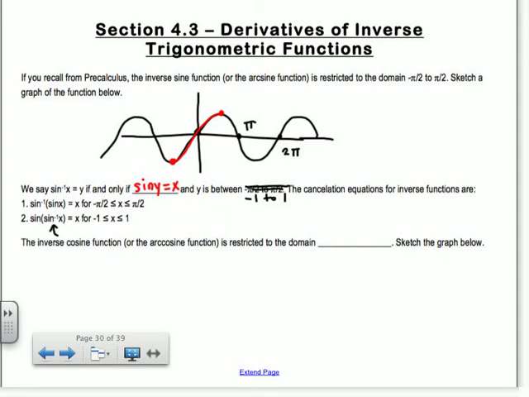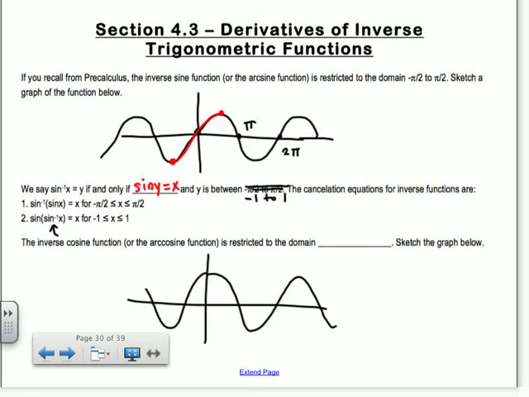Confusing. All right, so the inverse cosine function, or the arc cosine function, is restricted on the domain... So think about it. Where is it going to be restricted? So if I have cosine... I have to think of it with a unit circle.